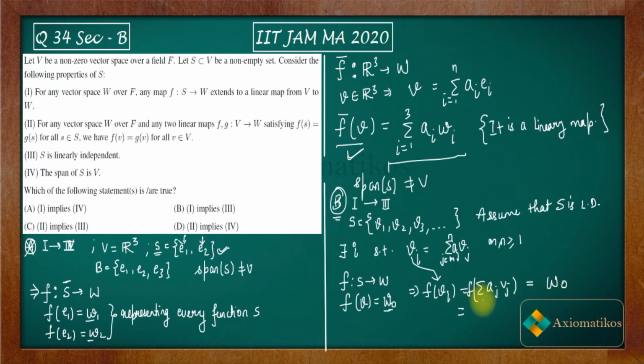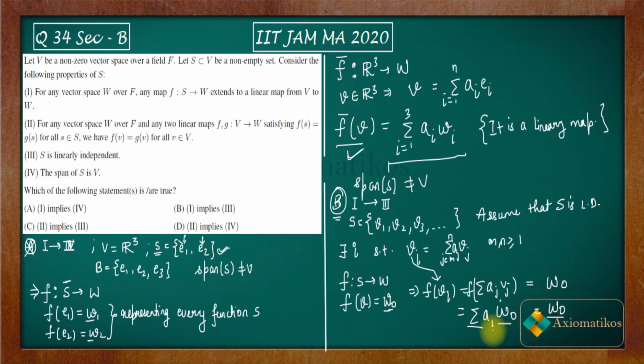But you see from here that because f is a linear map, this thing will be like this, the sum of Aj f of Vj. Are you getting my point? I am using the property of linearity of f. So f of Vj is nothing else than W naught, because f is a constant function on S. So you are getting that the summation of Aj times W naught is W naught.